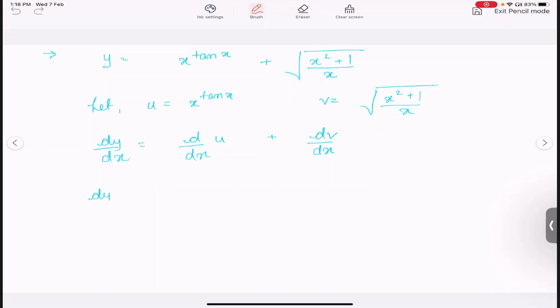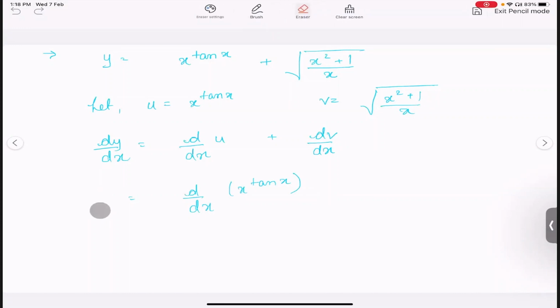du by dx first. d by dx of x to the power tan x, we can't use n x to the power n minus 1, because the exponent is not a constant.